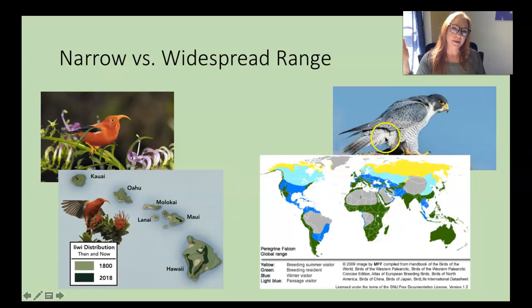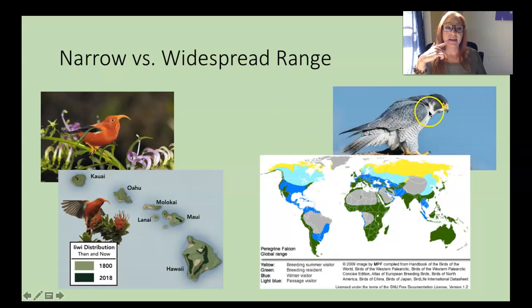And on the opposite side of that, we have the peregrine falcon. They are found all over the world, one species. These guys can fly massive distances. They're on all the continents except for Antarctica, and they are actually here in Utah. We might have some on Corner Canyon campus.